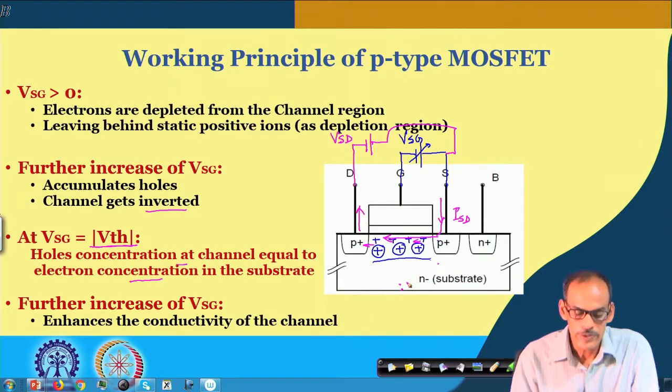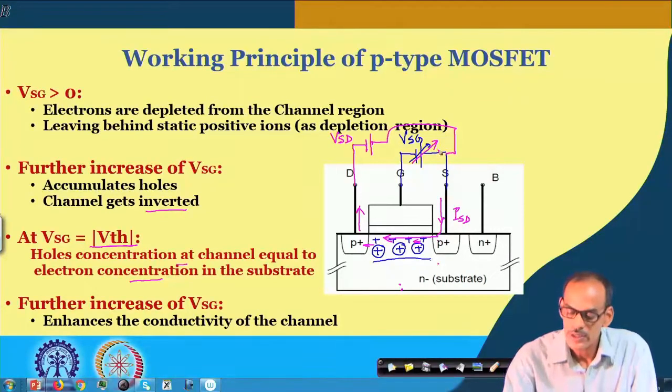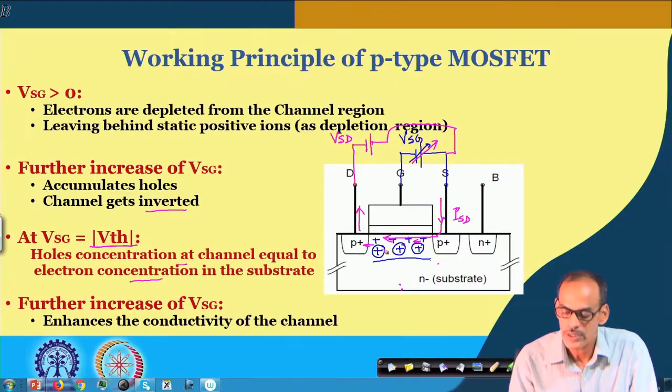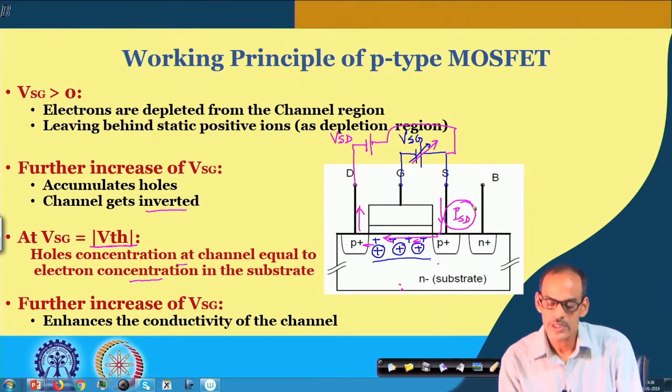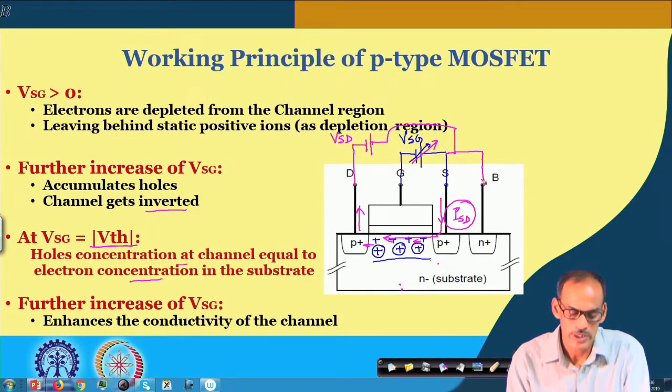And if you increase VSG further, then more and more holes will accumulate at the surface, and they will help this current flow more. And of course, we are assuming that the body is connected there. So, that is the basic working principle.